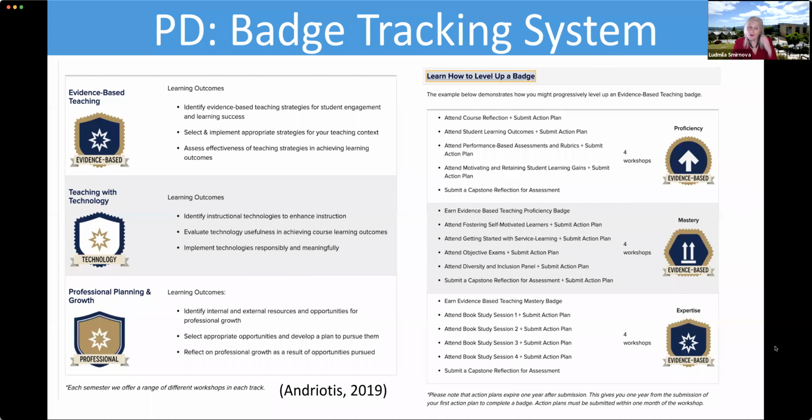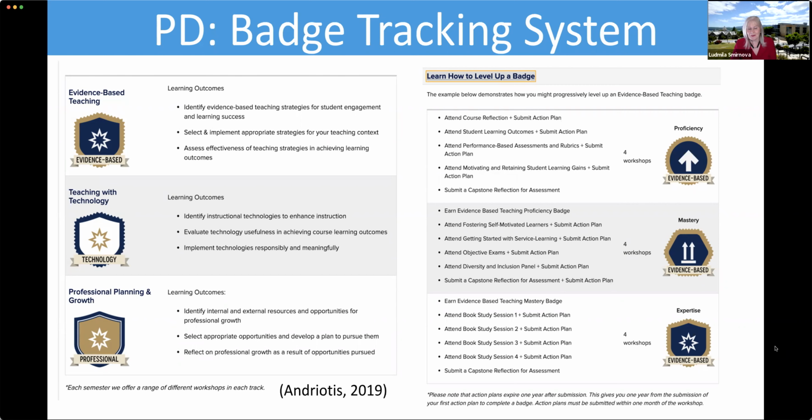Yes, at my college, actually, we have a discussion right now. I'm also in the professional development committee, and one of the topics raised was whether we use a badge tracking system.